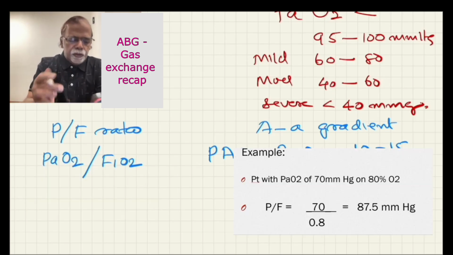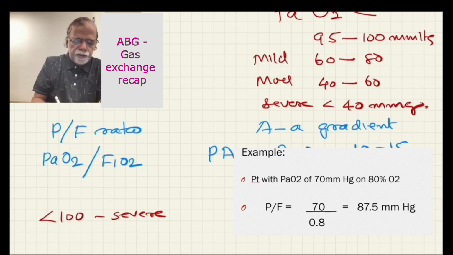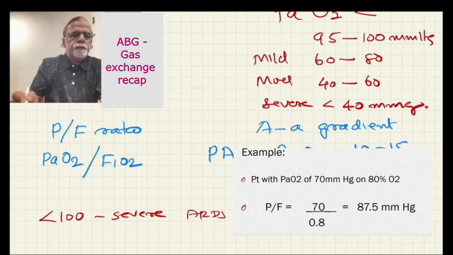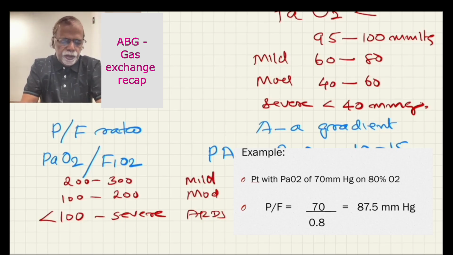When the PaO₂ divided by FiO₂ is less than 100, it is severe ARDS as per the Berlin criteria. Berlin criteria for ARDS: 100 to 200 is moderate, and 200 to 300 is mild. So this is another thing. When a patient has hypoxemia, you have to calculate the PF ratio.